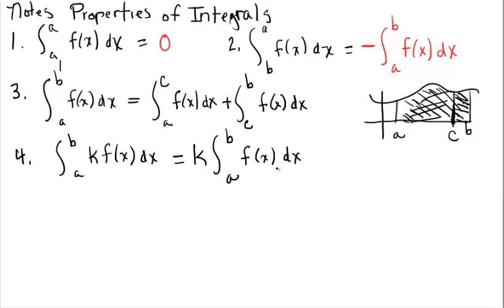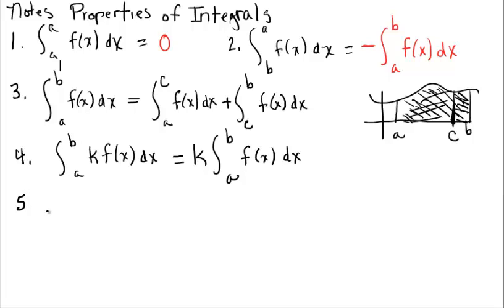I can never bring out a variable because there are calculations that I have to do with that variable. I can't ever bring out a variable from an integrand, but I can bring out a constant multiplier. But don't confuse that with adding a constant. I wouldn't bring out the constant if I'm adding or subtracting, only when it's a multiplier on the integrand. So that's our 4th property.